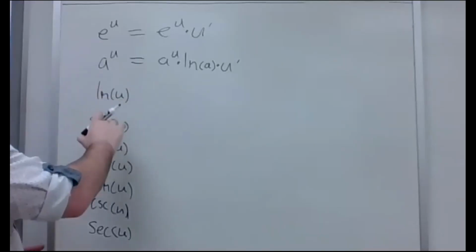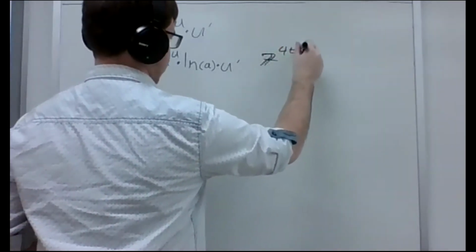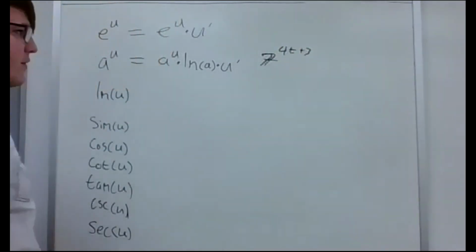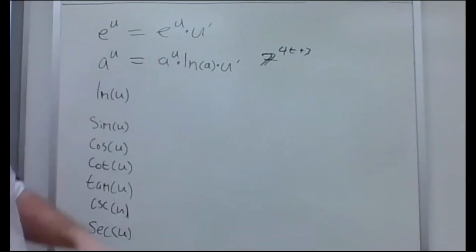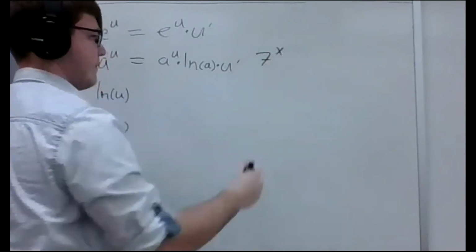A being a constant. So if it was like 7 to the 4t plus 3, or it could even just be like 7 to the x.